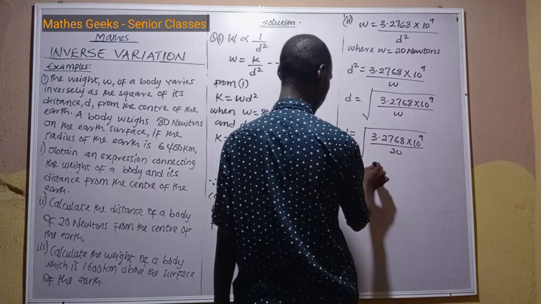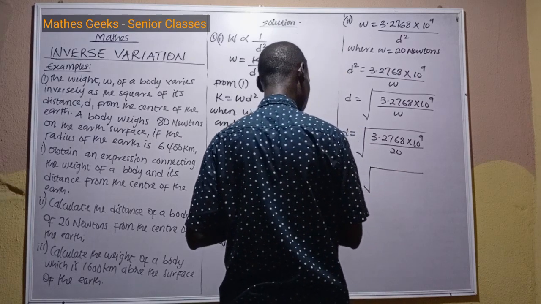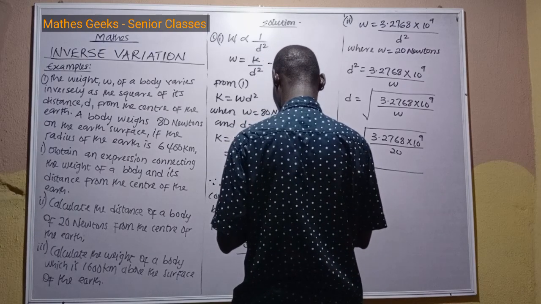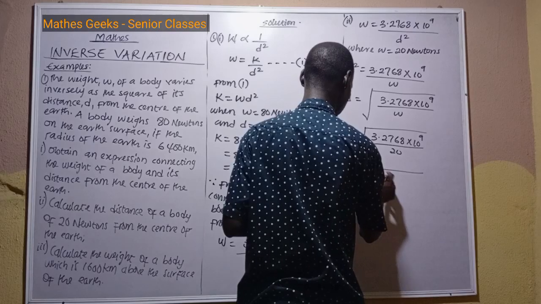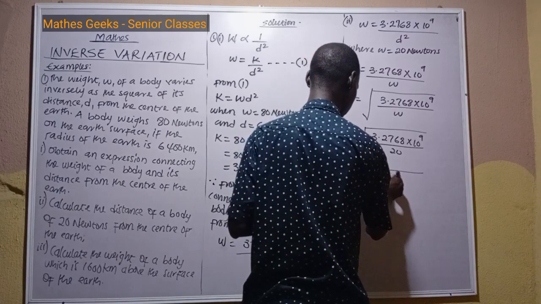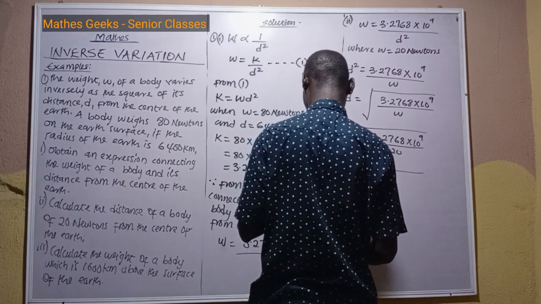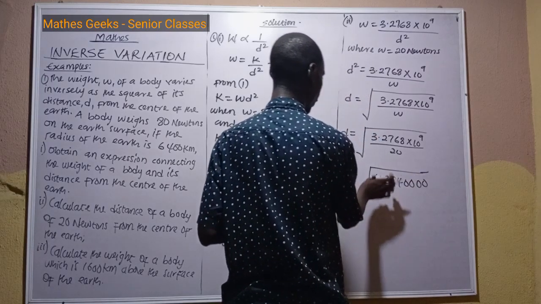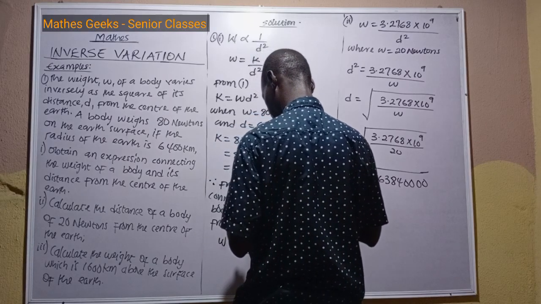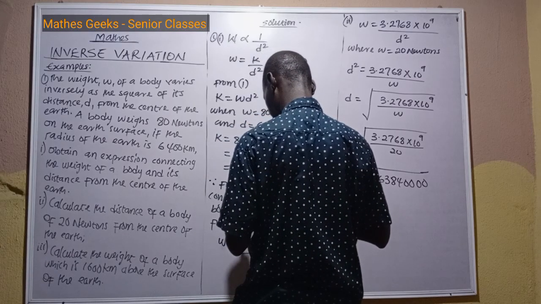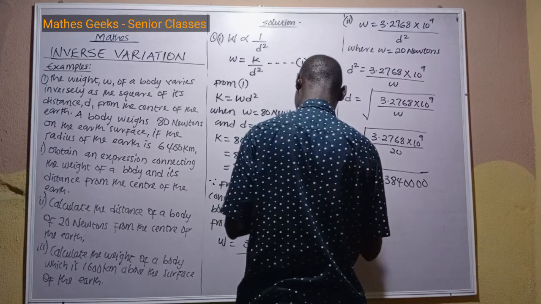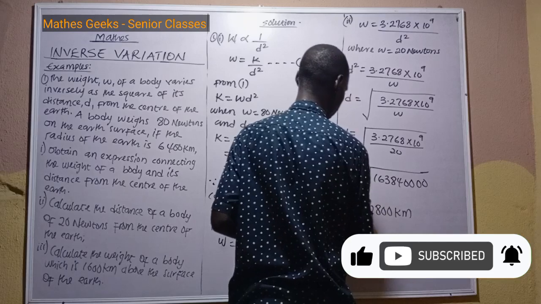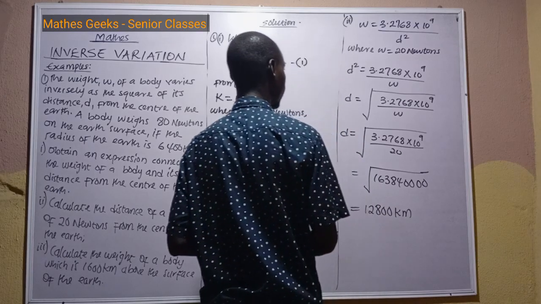So this will give us 163,840,000. Now look for the square root of this value. 12,800 kilometers is the distance.